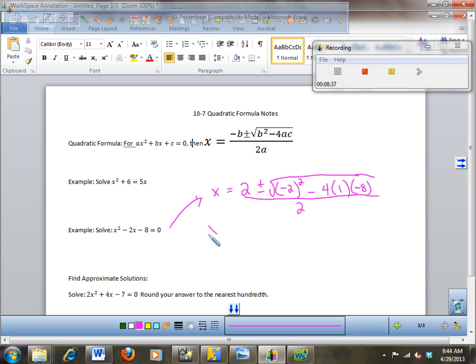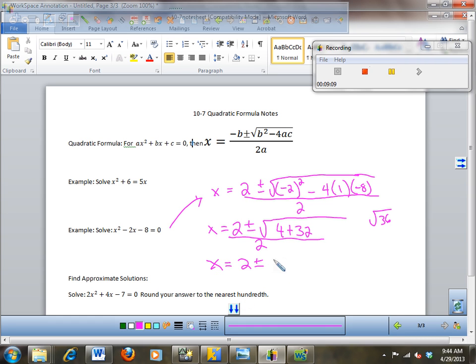Right? And then when I simplify that, I get x equals 2 plus or minus the square root of, what's negative 2 squared? 4. And then this is a negative times a negative, right? Times 1, which makes plus 32 over 2. Okay, which gives you x equals 2 plus or minus the square root of 36. Who knows what the square root of 36 is? 6.